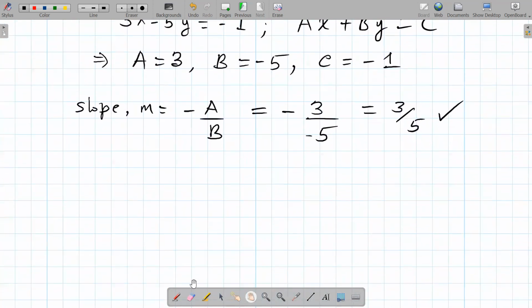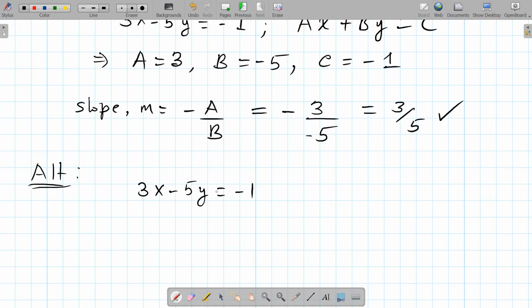If you don't want this, then the alternative is my 3x minus 5y equal -1. What I'm going to do is try to solve for y.